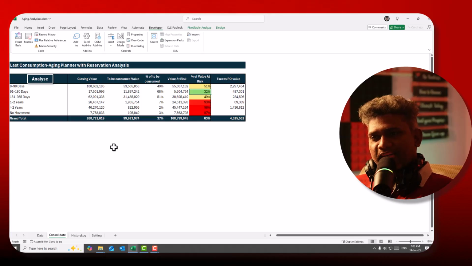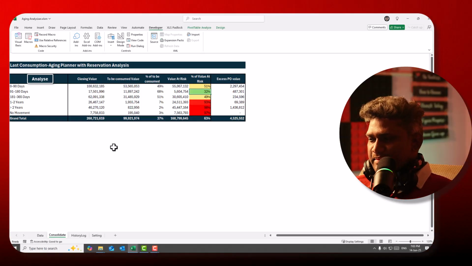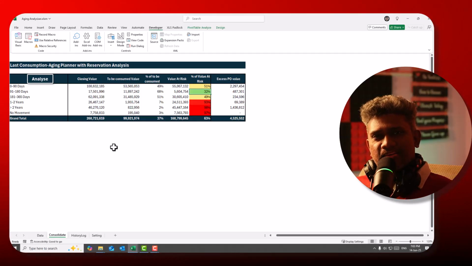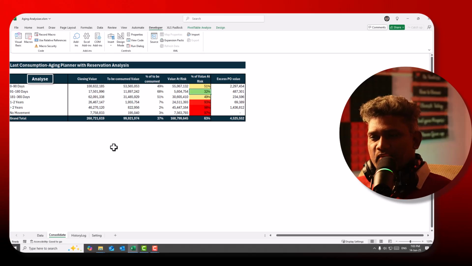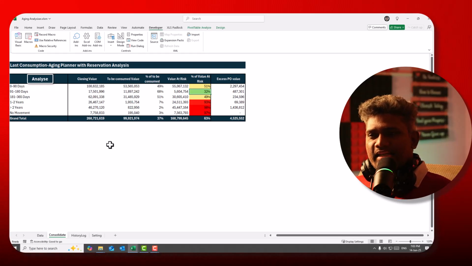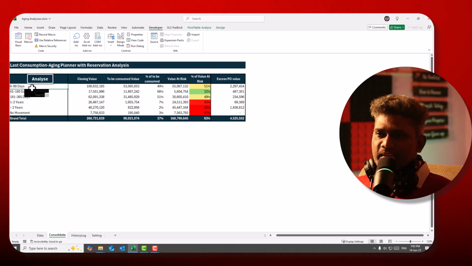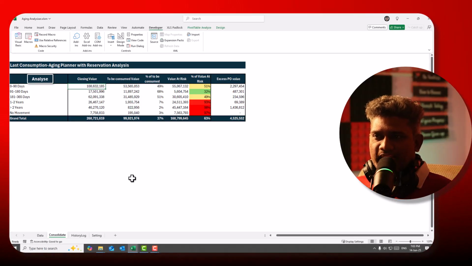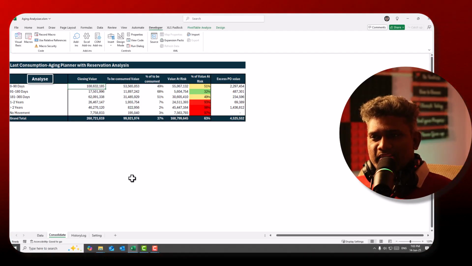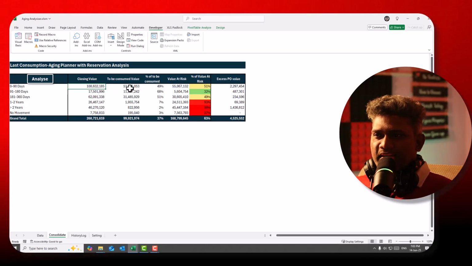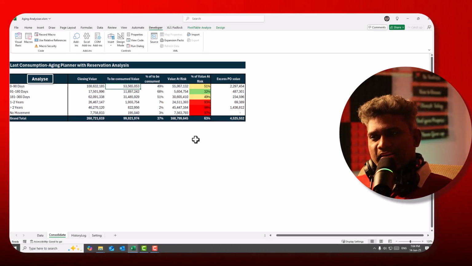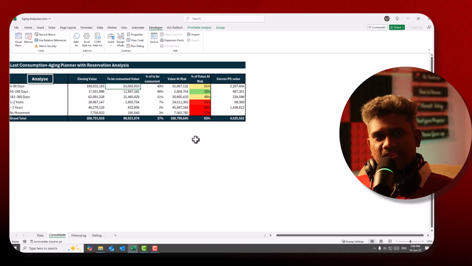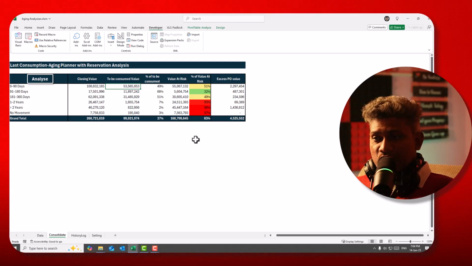But the surprise moment for us, and this is not a good surprise, this is a bad surprise. You can see there are 0 to 90 days. Right now they have around 11 crore, 10.86 crore, of inventory. In this inventory, we connected with our upcoming reservations and also the released POs.